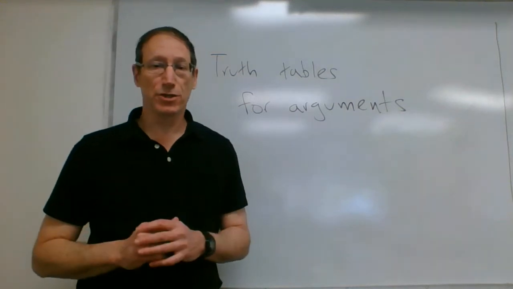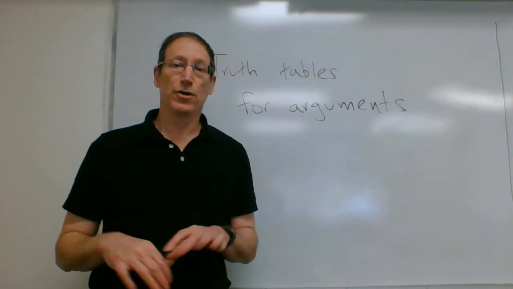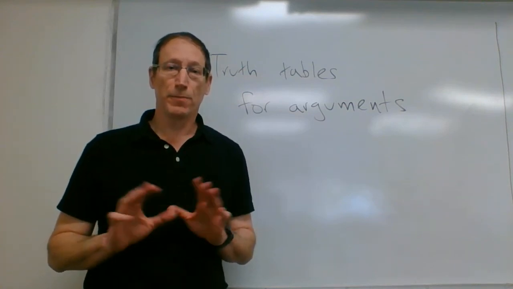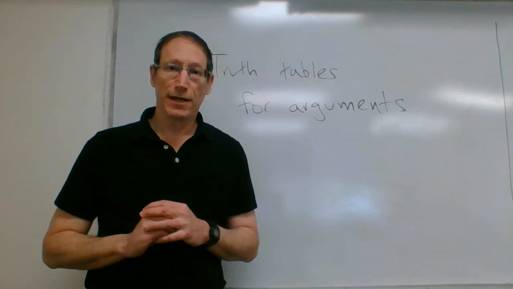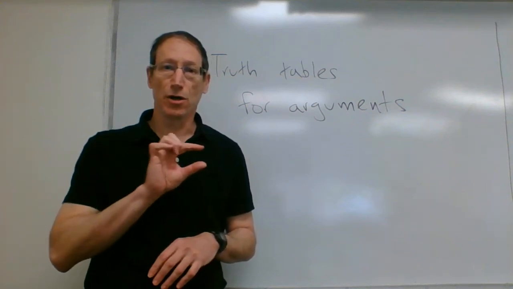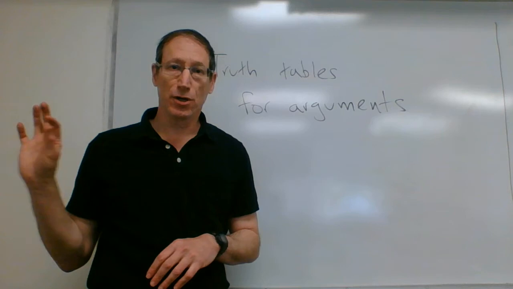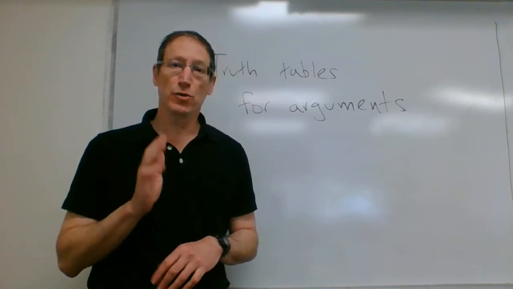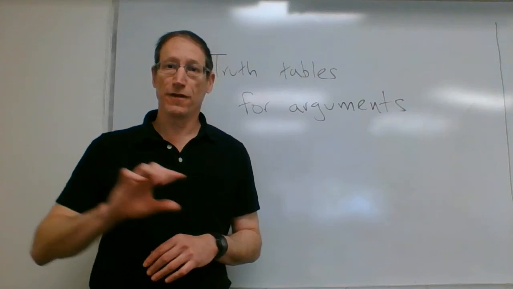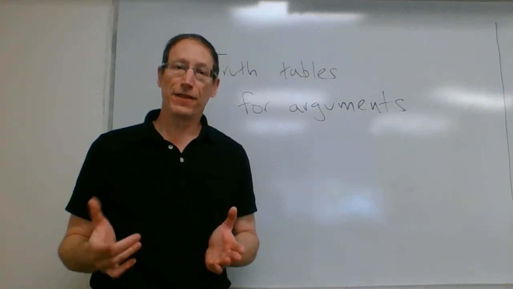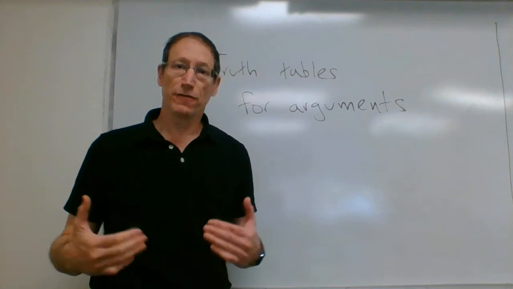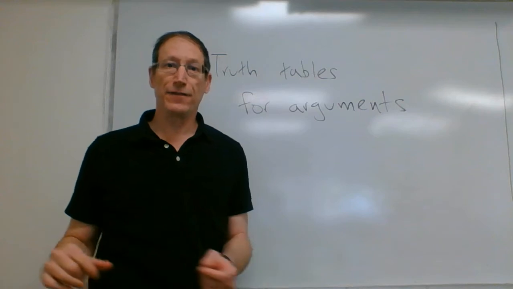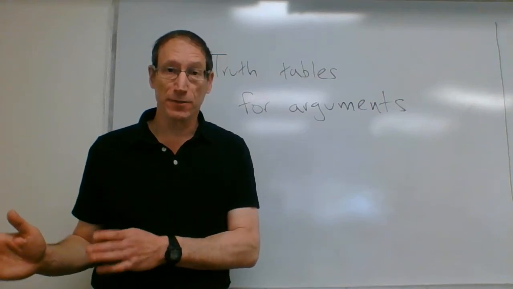The basic strategy of the truth table method, and I'm going to do some examples on the board, is that you're going to list all of your premises and your conclusion on one horizontal line. Then you're going to do a truth table for that entire line, and then you're going to examine whether you can find a single row where all of the premises come out true and the conclusion comes out false at the same time.